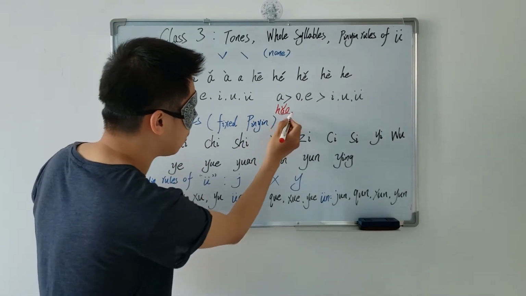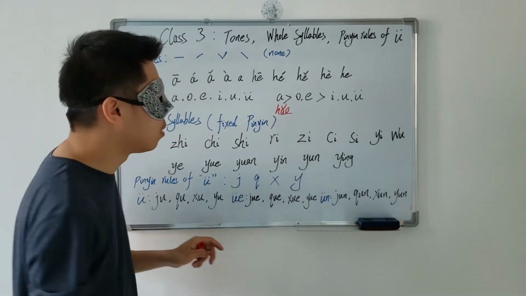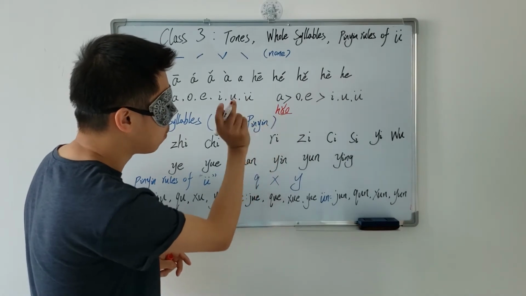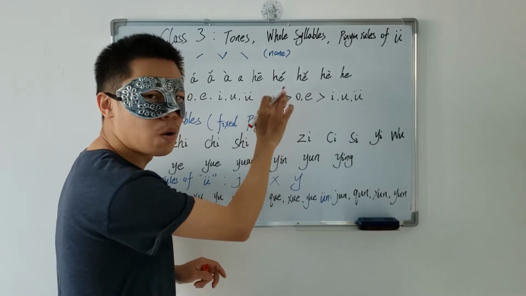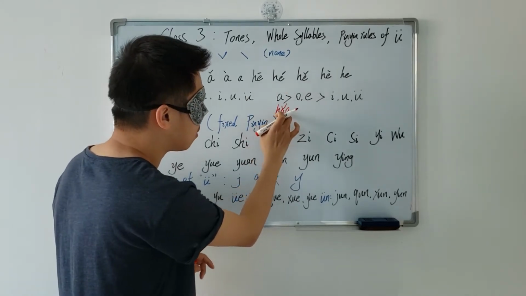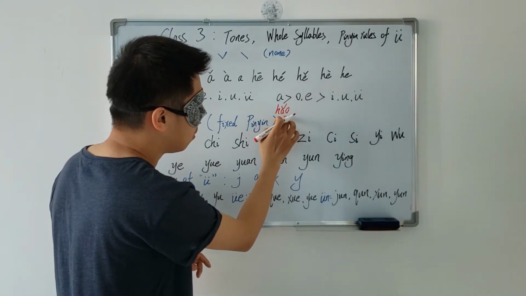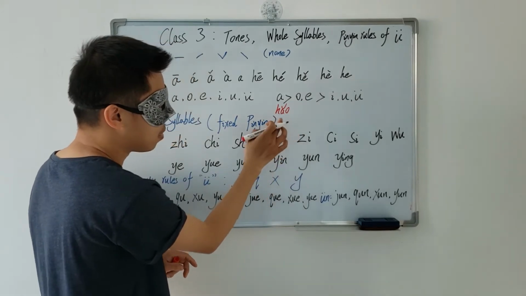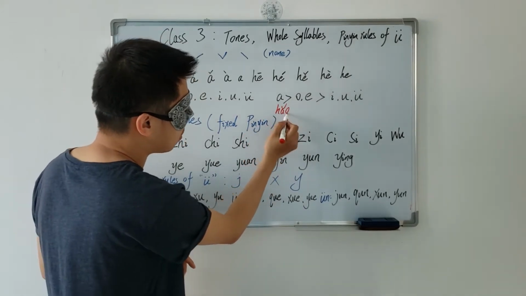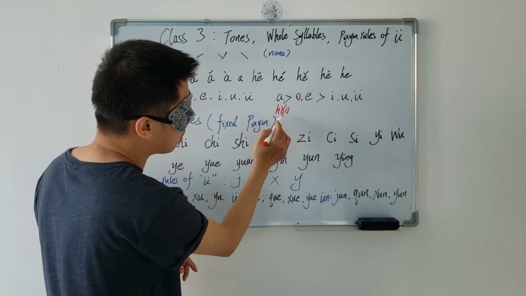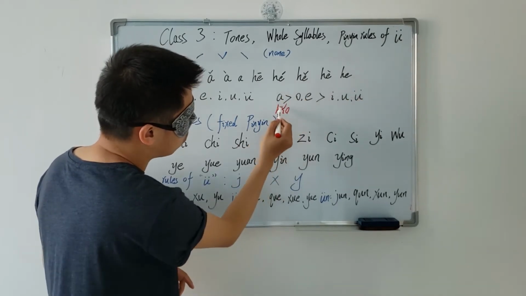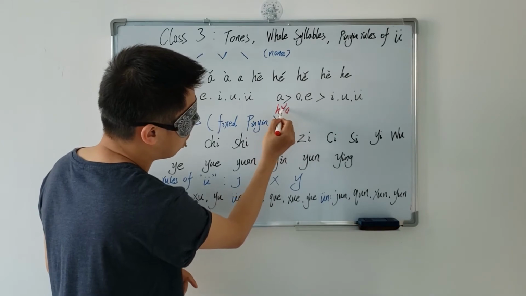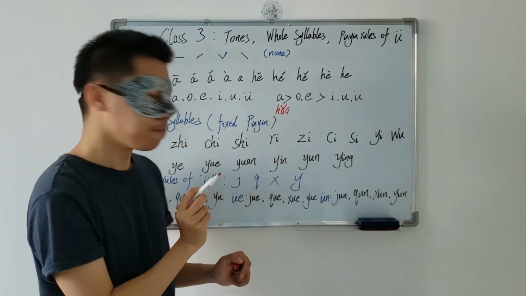Actually it's a fixed combined final, but when you put the tone, only think about the single letter. You see the o and a, but a has priority over o, e, and so on. So you put the tone on top of a.